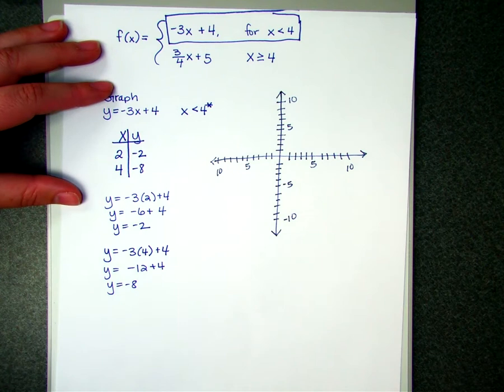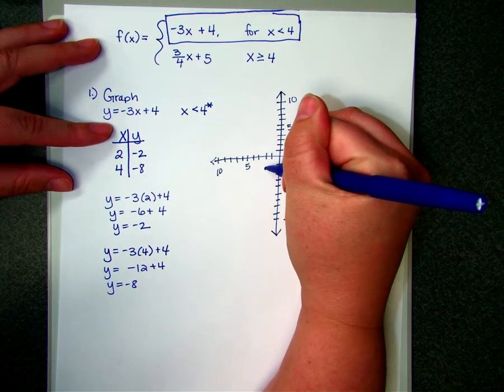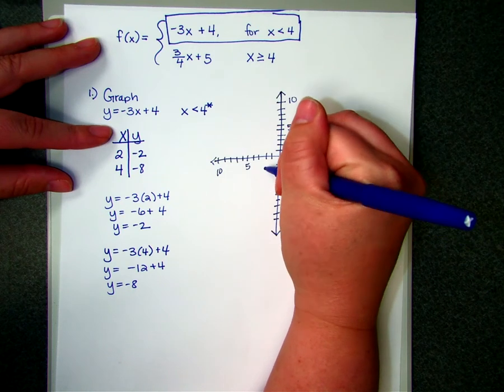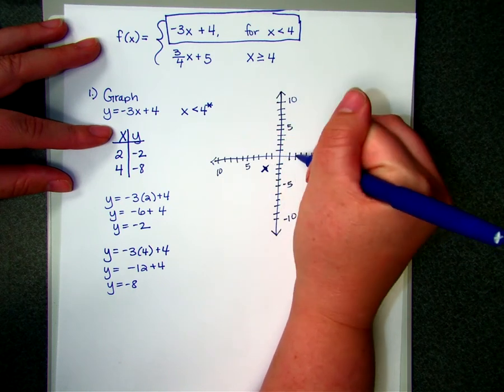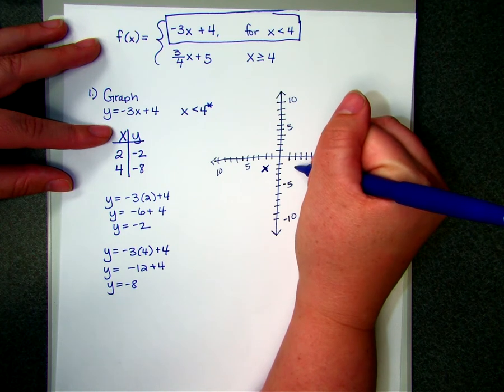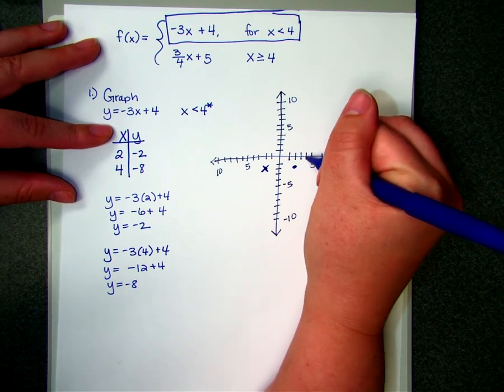So I'm going to go and put those points on my graph at 2 and negative 2. And then 4 and negative 8.